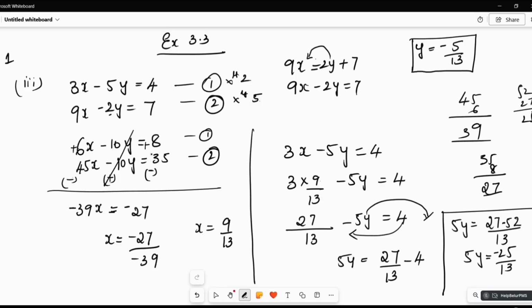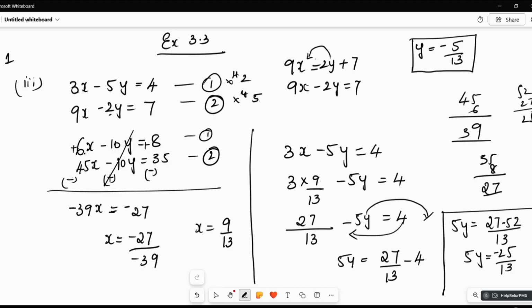Okay, if you add directly here, we will get minus 10y minus 10y, that is minus 20y, but I want to cancel that. So what I will do, I will change the sign. Sign also, if you are changing, you have to change every element. Here plus will become minus, minus will become plus, and plus will become minus.